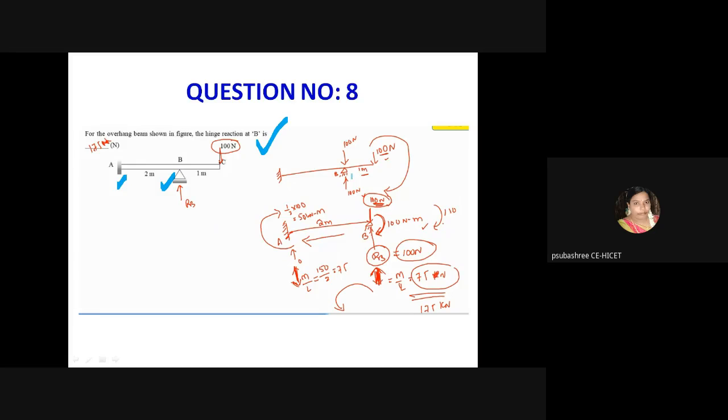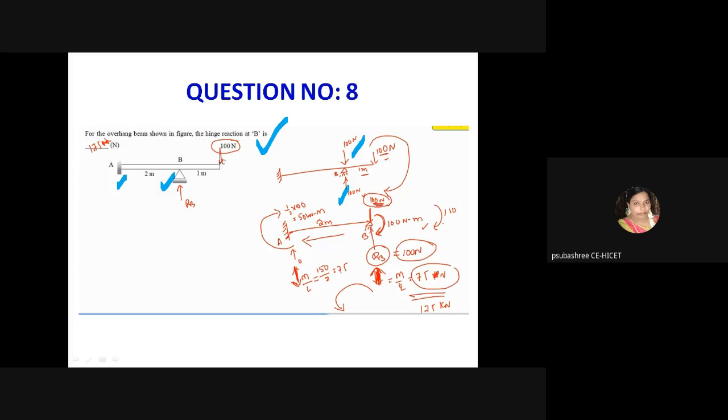So it is easy. Separate at point B first. You will consider a downward load of 100 Newton, and at the same point you will consider an upward load of 100 Newton.